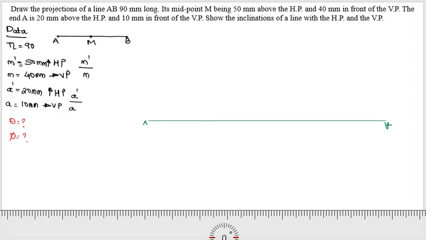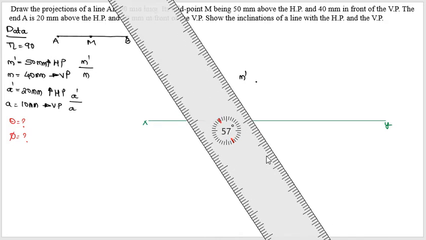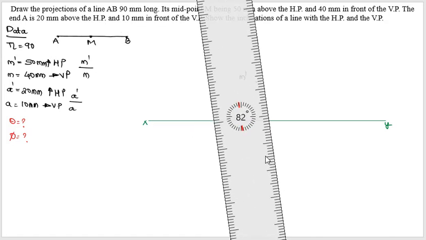So first we have to locate the point M dash and point M. M dash is 50 mm above HP, so here you will get a point M dash. In that same line we have to locate point M, which is 40 mm.